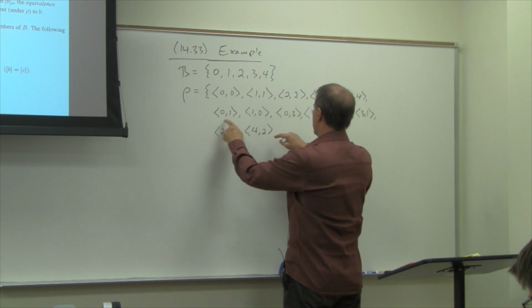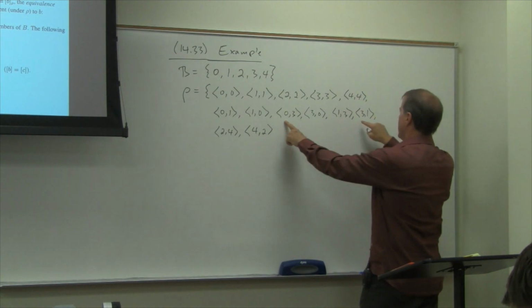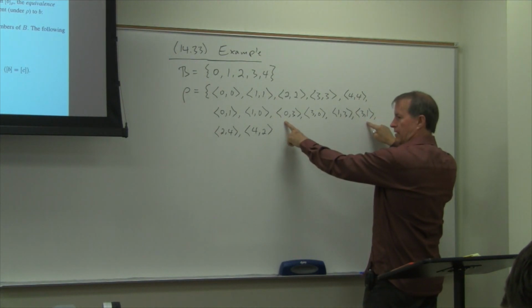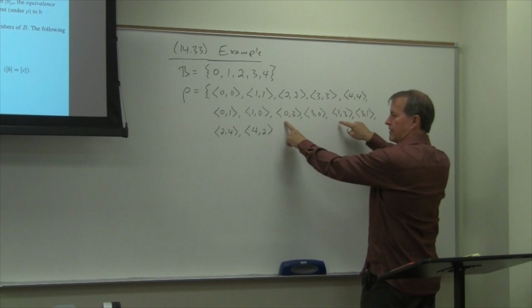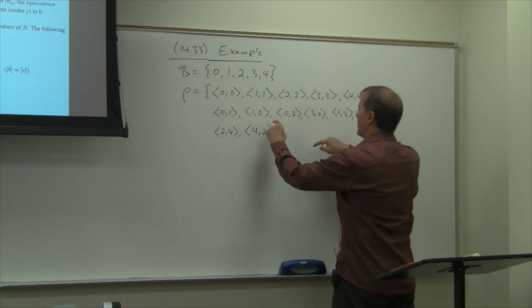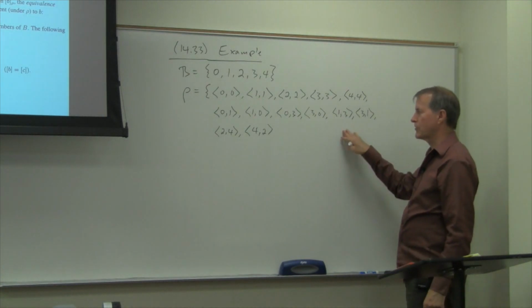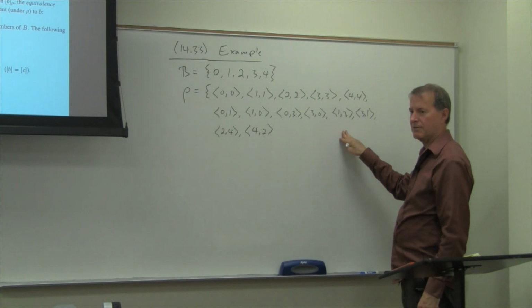There's a 0,3 and a 3,1, so there's already a 0,1. Yeah, right. Do you think we're safe on the transitivity? Yeah, we're actually good.